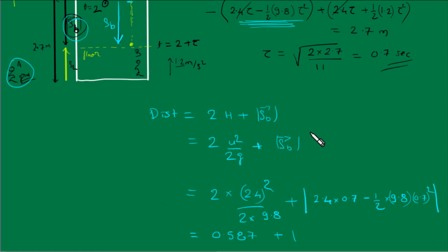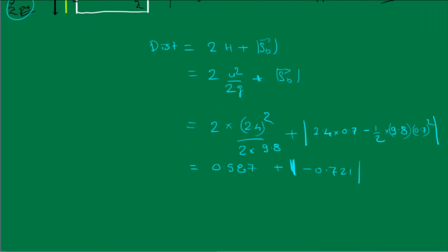So okay, minus 0.721, modulus of minus 0.721. So yes, displacement of B must come negative, but we have to take the modulus of it, and finally we will get the answer 1.308. So 1.308 meter is the answer.